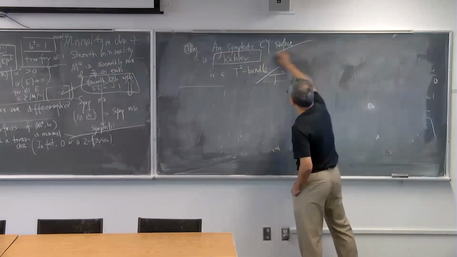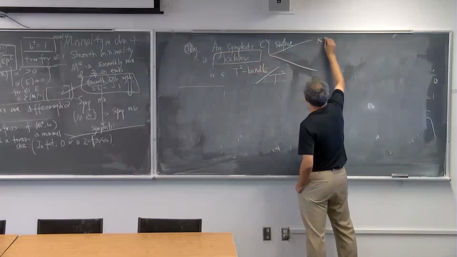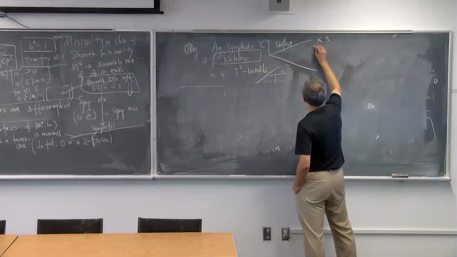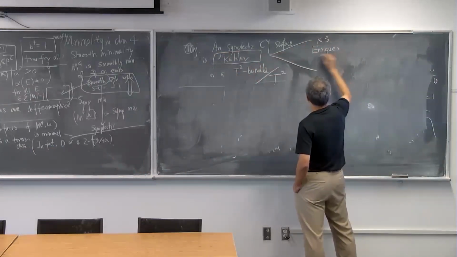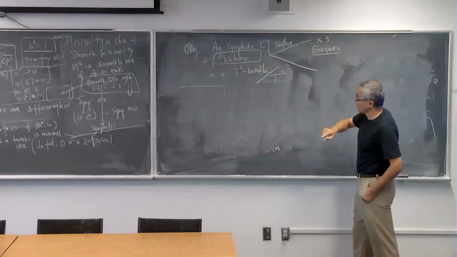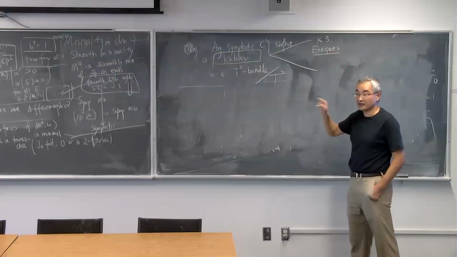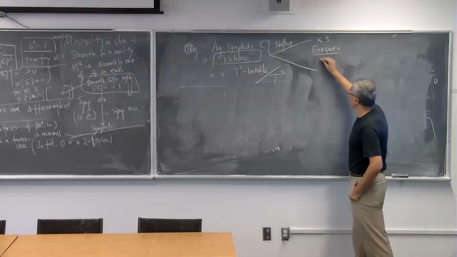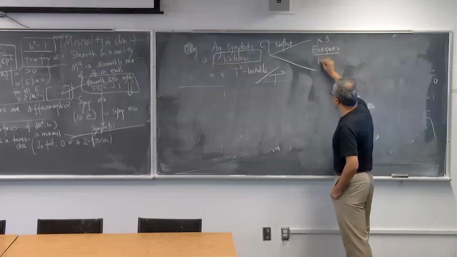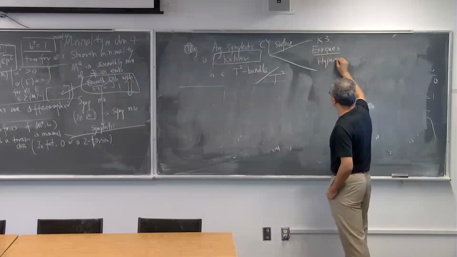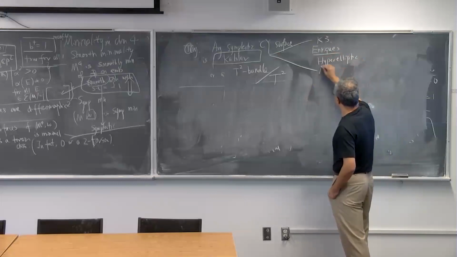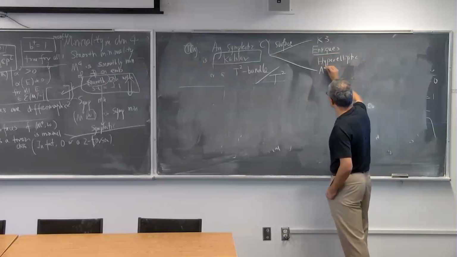So here you have K3, Enriques surface, which has torsion canonical class topology, and the abelian surface, hyperelliptic surface, abelian surface like T4.